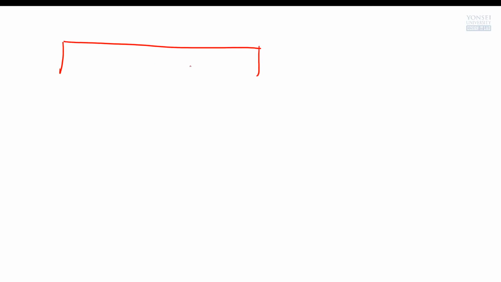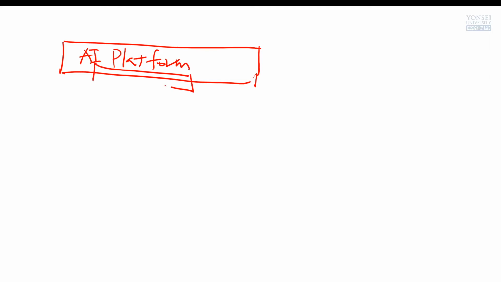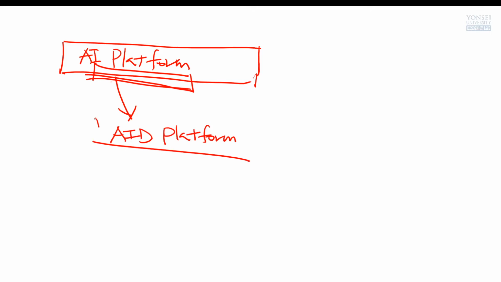If this is a platform, a so-called AI platform, we need to take advantage of this platform so that we can make it our own platform. This AI platform has a large amount of functions and capabilities, but we don't need to look at the detailed aspects of those platforms.